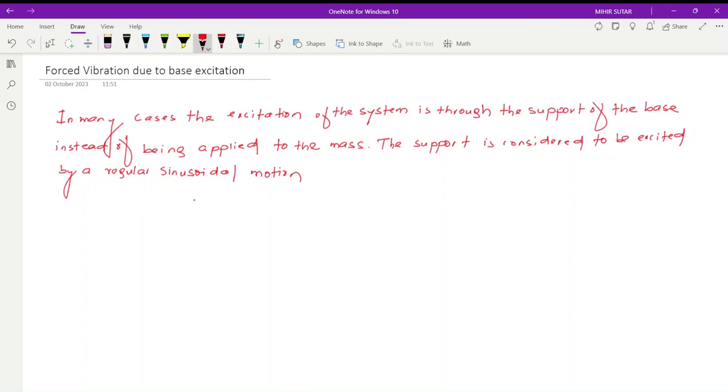Now let us assume that to be y is equal to capital Y sine omega t. Let this be equation 1.